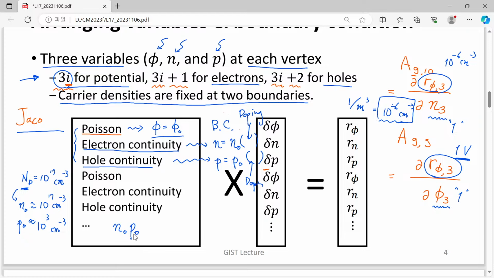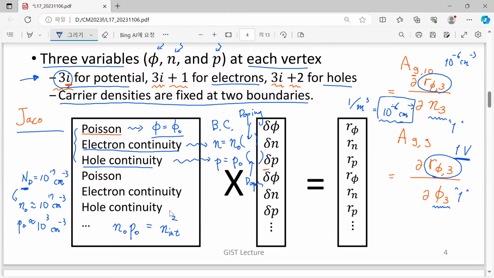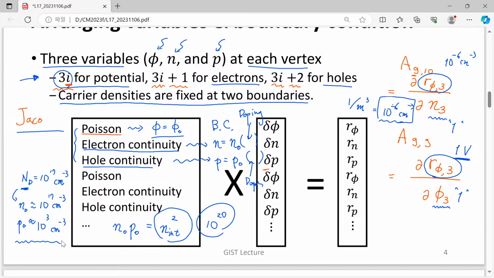In any case at equilibrium, the product between electron density and hole density should be equal to the square of your intrinsic carrier density. Since this number is more or less given by 10^20, that's the reason why I estimated the hole density like 10^3 per cubic centimeter.